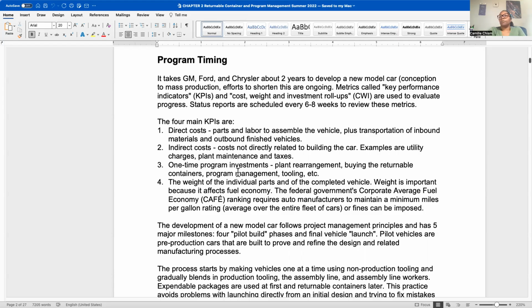So when you talk about the program management process, there are 5 different milestones. I'll go through that later this week, but there are 5, and it starts off with basically initiation, ideation of the product or whatever that vehicle is, all the way to launch and full-scale production.